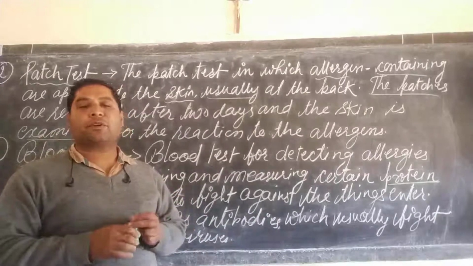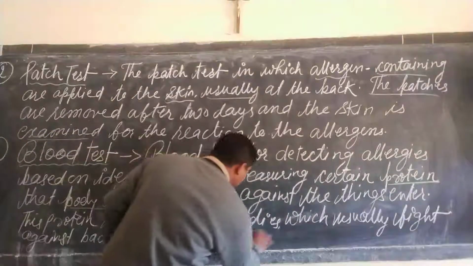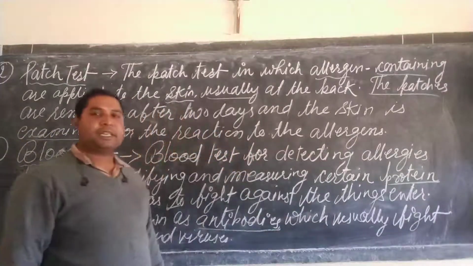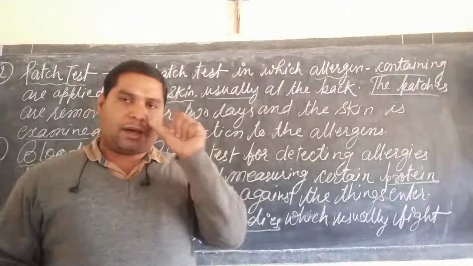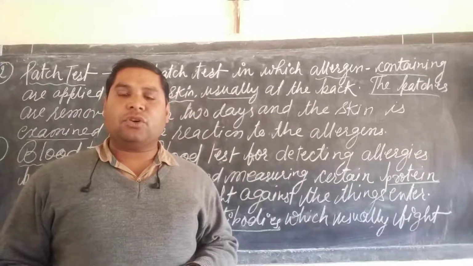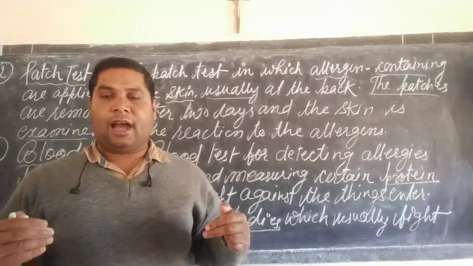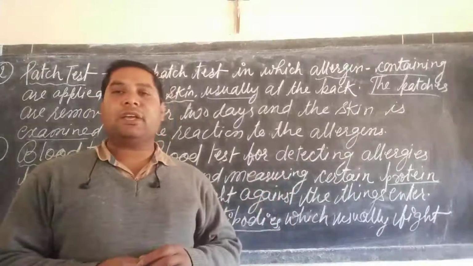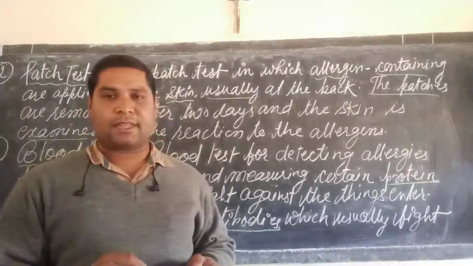And these proteins are known as antibody, which is ready to fight against this type of allergen or the microorganism which causes allergy, and this antibody fights and makes it harmless.